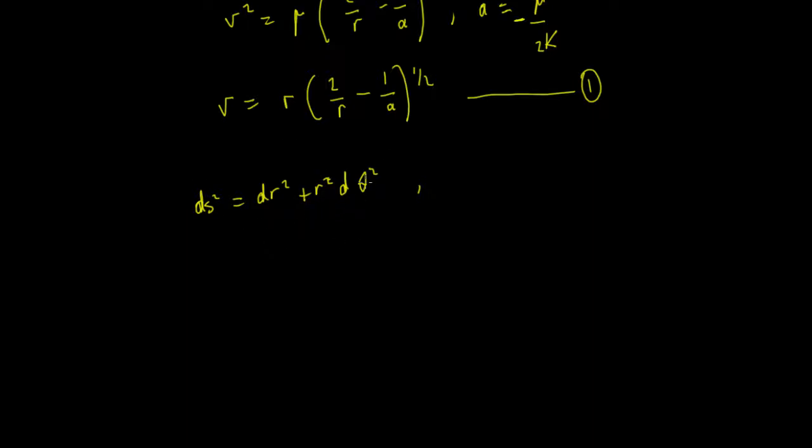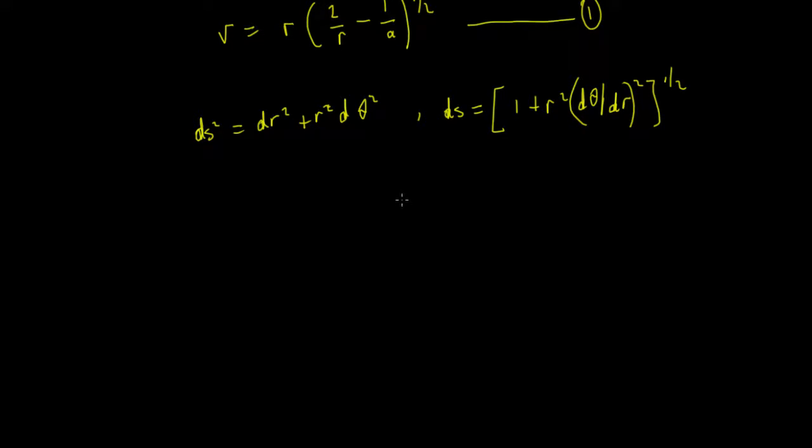If you're not sure about that, you can go back to previous videos. So that can then be rewritten as ds equals 1 plus r squared times d theta by dr all squared, all to the power of a half. Again, these are derived in previous videos.